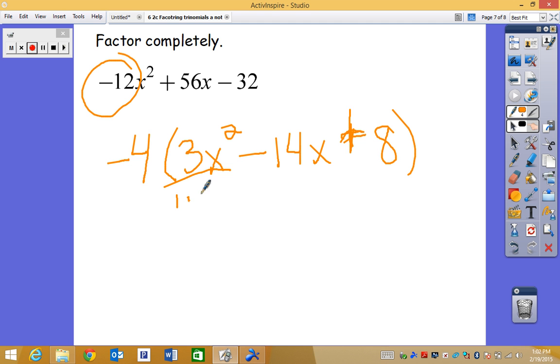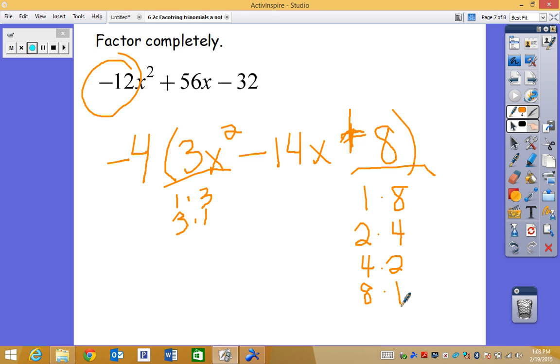Then find factors of 3: 1 and 3, 3 and 1. Factors of 8: 1 and 8, 2 and 4, 4 and 2, 8 and 1. Then we need the product of the outside and the product of the inside to give me negative 14.